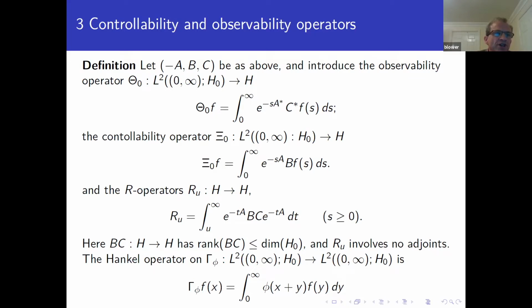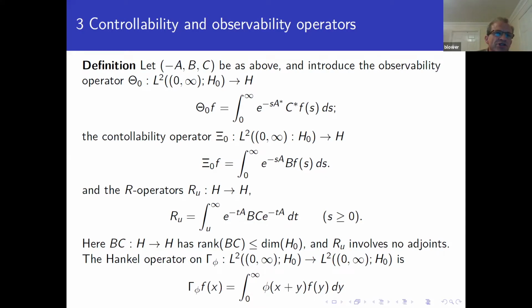A relatively novel idea is what I'm going to call the R operators. These have appeared implicitly in many papers over the years. I've been studying them fairly systematically, and these operate on the state space itself.